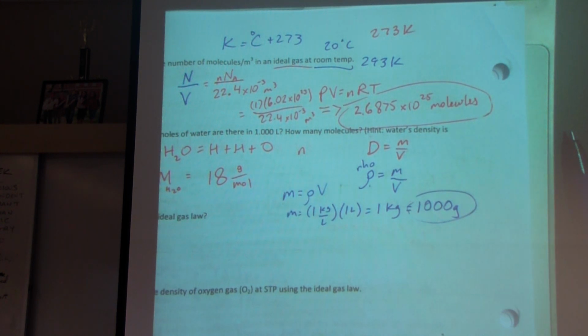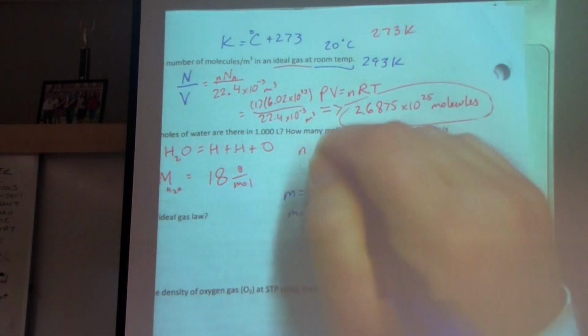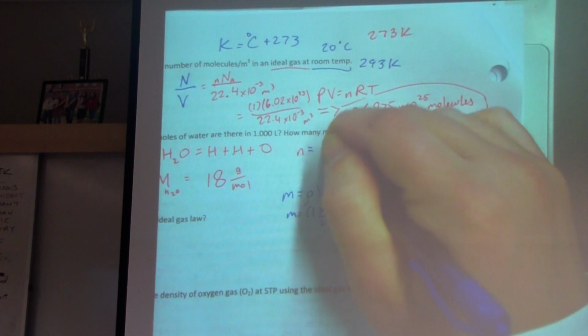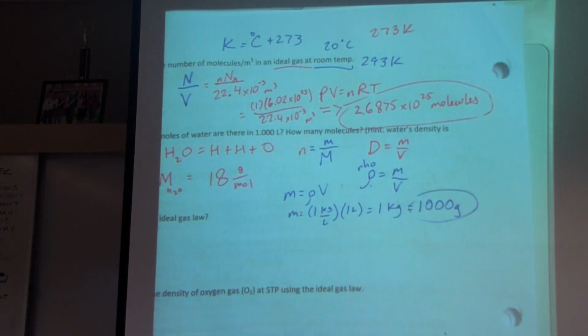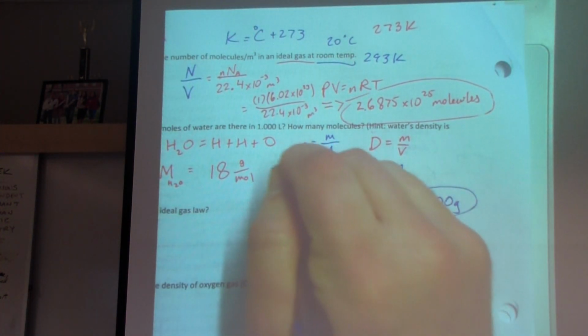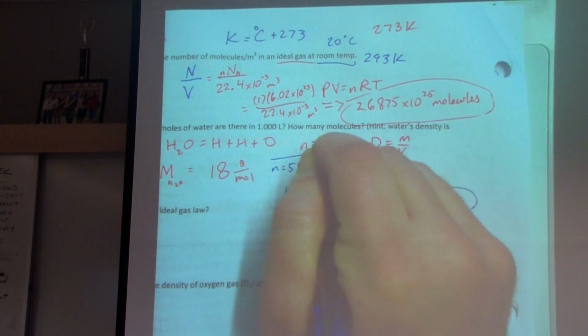Luis? 1,000 divided by 18. Yeah, you have 1,000 total grams, and every 18 of those grams is 1 mole. Basically, what we're saying is N equals little m divided by capital M. And I believe that you get 55.5 repeating moles.